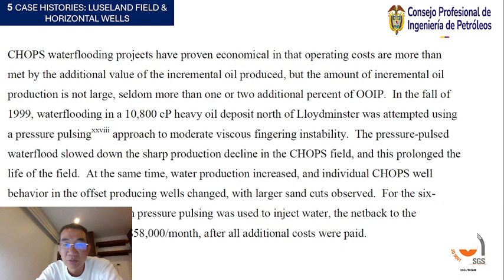At the same time, water production increased, and individual CHOPS well behavior in the offset producing wells changed, with large sand cut observed for the 6-month period during which pressure pulsing was used to inject water. The netback to the company was about $58,000 per month after all additional costs were paid.